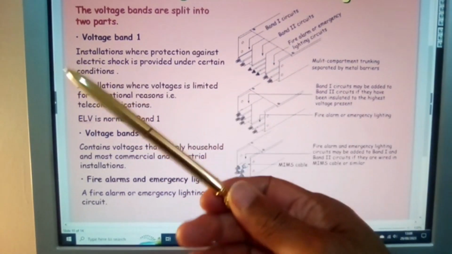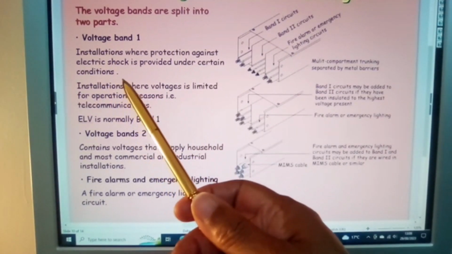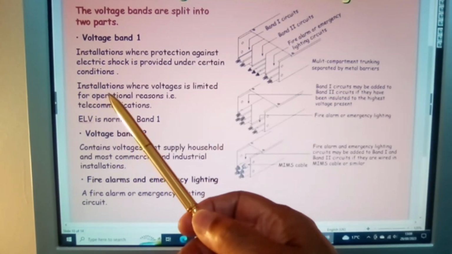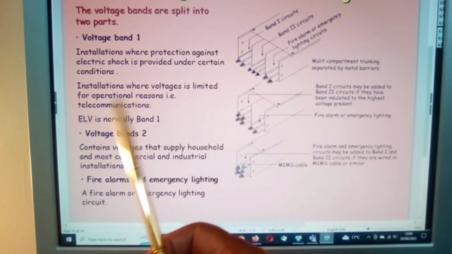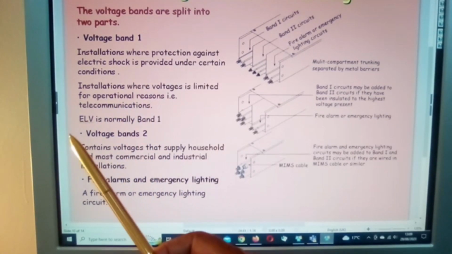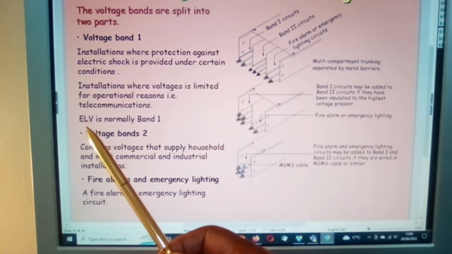Installations where protection against electrical shock is provided under certain conditions. Installations where voltage is limited for operational reasons, i.e. telecommunications. ELV, extra low voltage, is normally band 1.